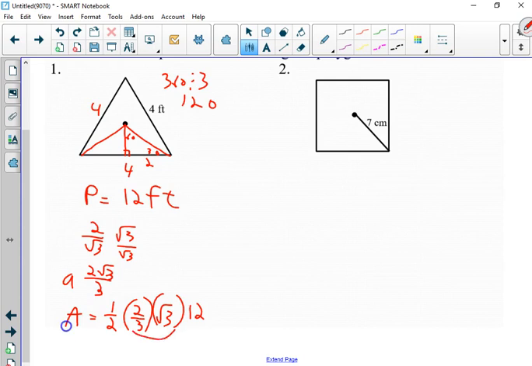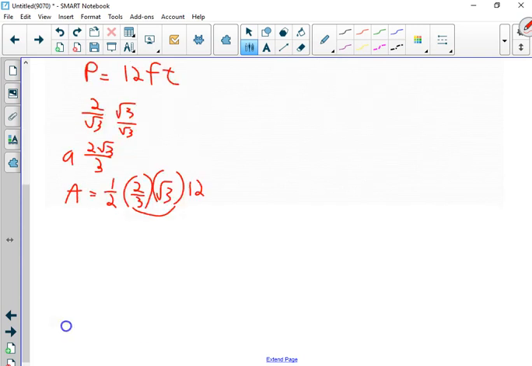So you can write this together or separate, doesn't matter. Here we have the 2's cancel. And basically we have 12 over 3, root 3, or 4 root 3. And that is our area.